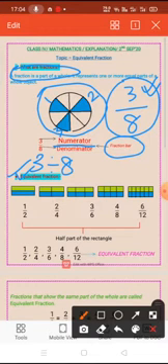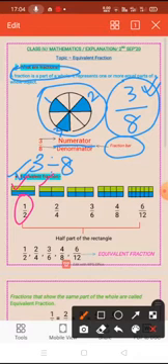Now I will be finding the fraction for the green shaded region only, in all pictures. So let's start. In the first rectangle, the fraction for the green shaded region is 1/2. You can see that 1 out of 2 parts is colored in green, so it is 1/2.